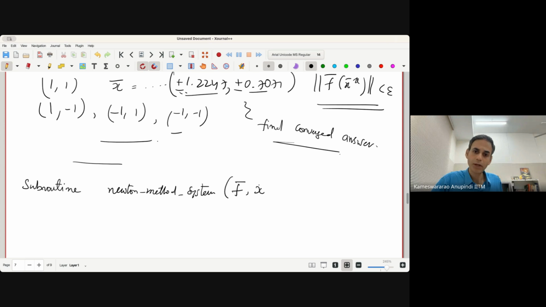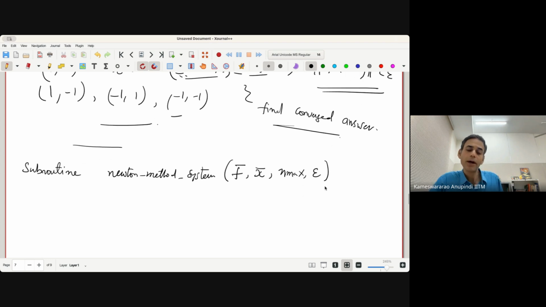We're going to give an initial guess, that is x bar. We are also going to give the number of iterations n max, and the tolerance. So just like before, instead of giving f comma x, now we are giving f bar comma x bar. Here when we say f bar, we are giving the functional form, somehow x square plus y square or something like that.